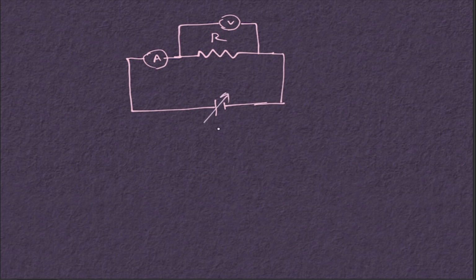This is the symbol of a voltmeter, and one ammeter in series to measure the current, and this is the variable voltage. We can change this voltage, and we will note down the voltage across the resistance.